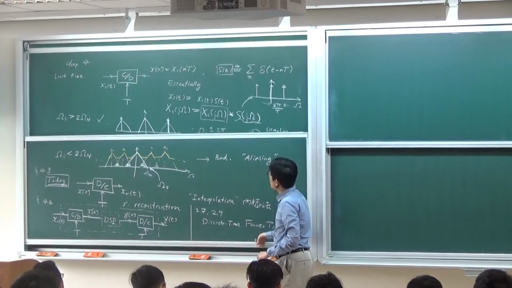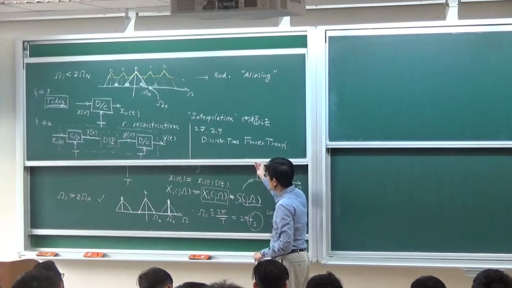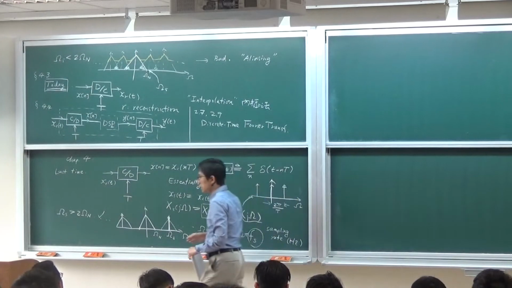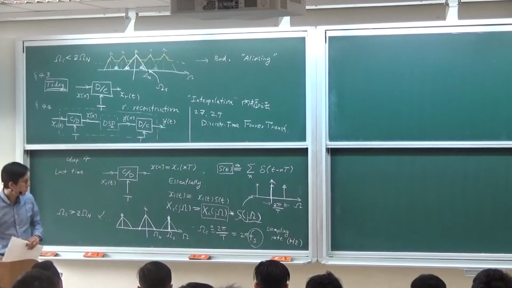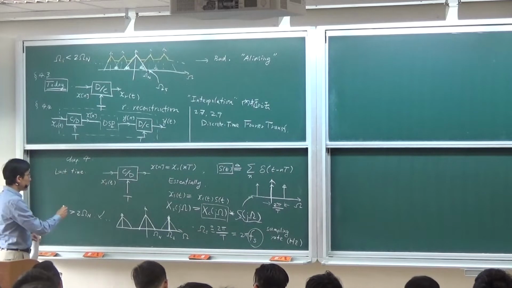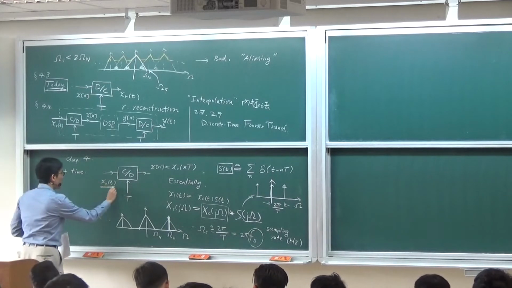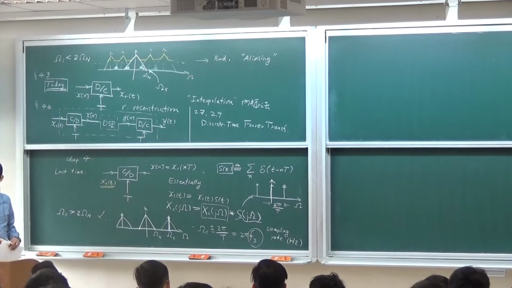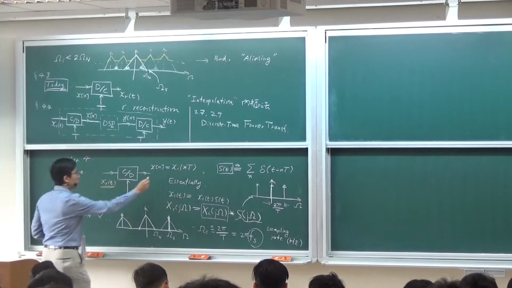Okay, let me move back this board. So here's the thing. Suppose that originally we have a continuous time signal, and it has been sampled.